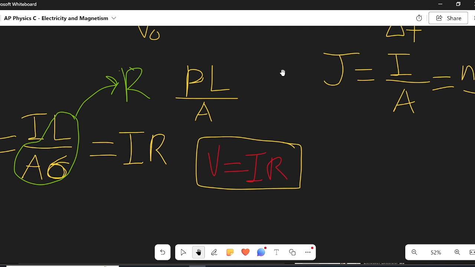If the length is larger, the charges have to go through more resistance to get through. The reason area is on the bottom is because the bigger the cross-sectional area of the resistor, the more paths the current can take. So this will be the formula we use to evaluate the resistance of a resistor.